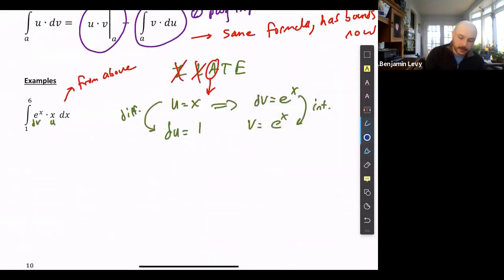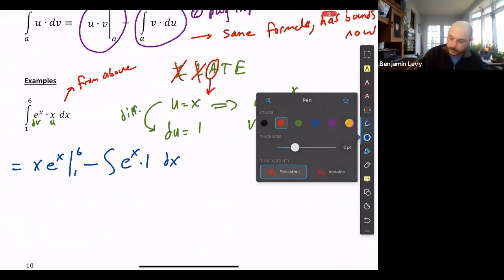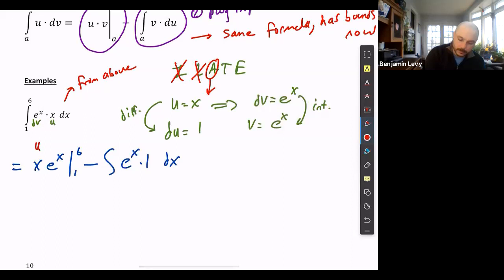So it looks like uv, but with the bounds, minus the integral of v du. Oops, I forgot to put the bounds on the second integral, right? It's from 1 to 6 now.